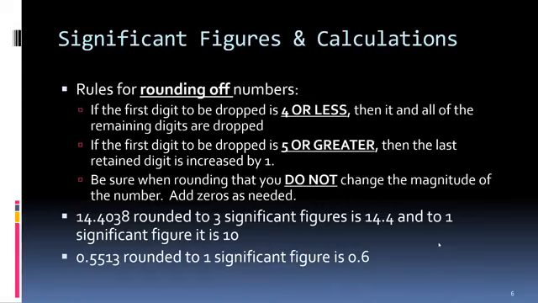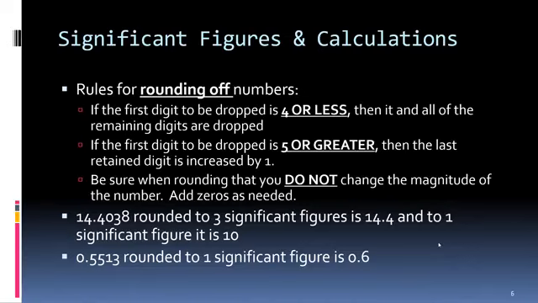However, if we wanted to round 14.4038 to 1 significant figure, the practice is a little bit different. The first significant figure is the first 1 in 14.4038. That 1 is followed by a 4, which means the remaining digits are simply dropped.